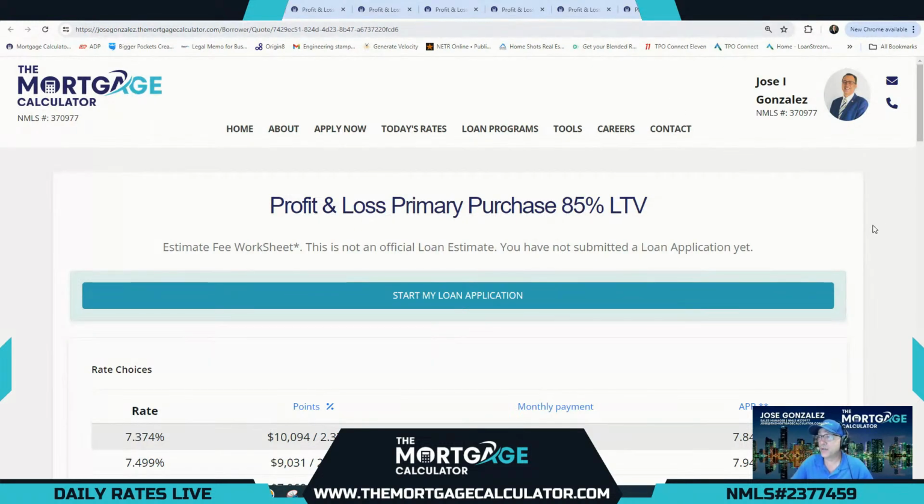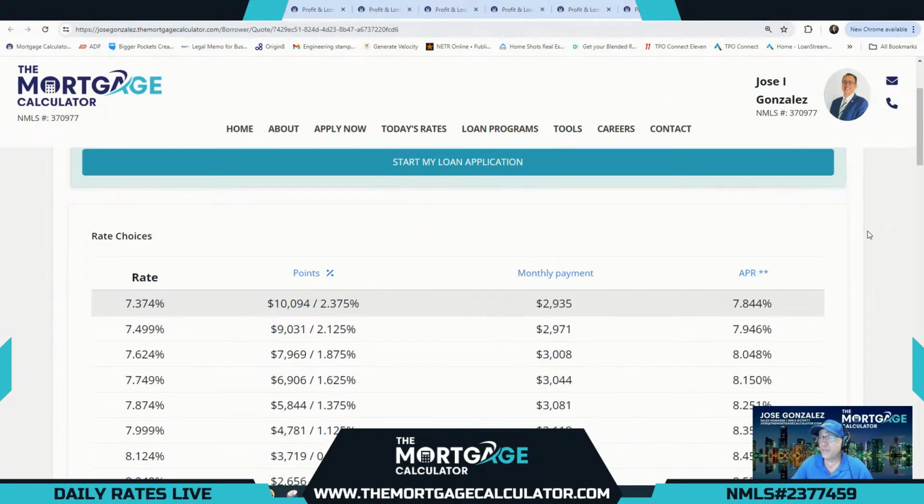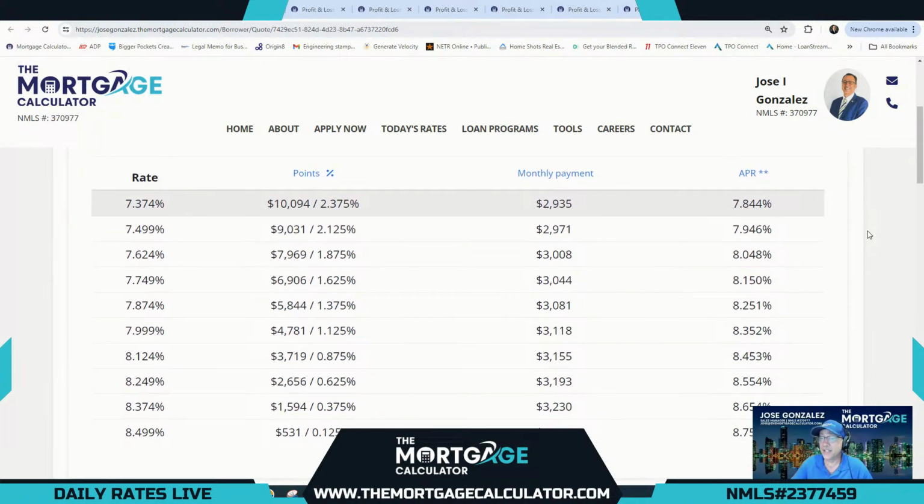So now we drop the LTV to 85%, and you see the improvement in the rate. 8.499, which was the lowest rate option at 90%, now becomes our lowest cost option at 85%. And we can take the rate down all the way to 7.374 at a cost of 2.375.